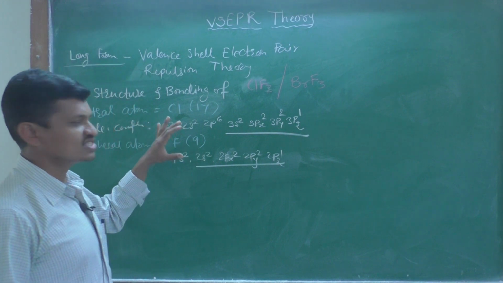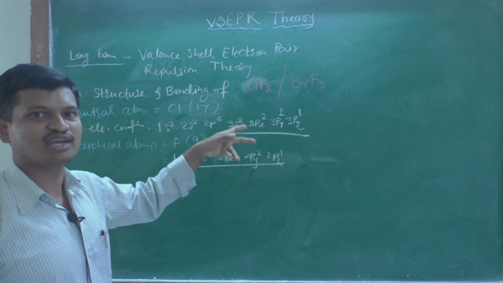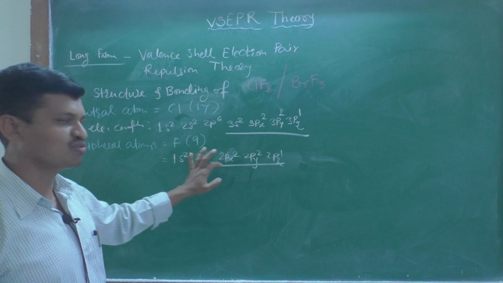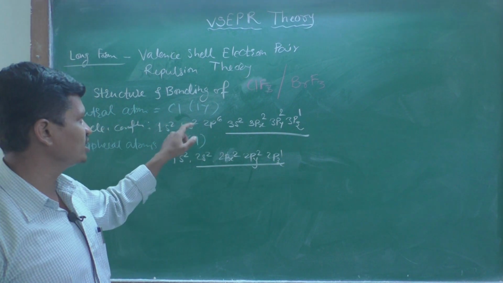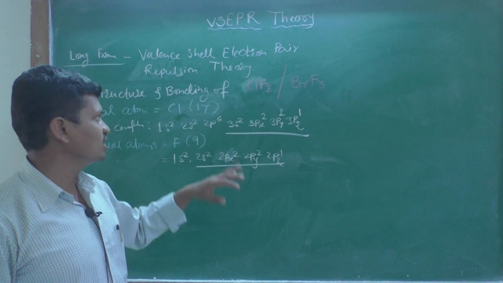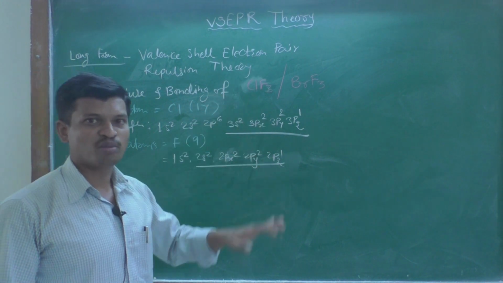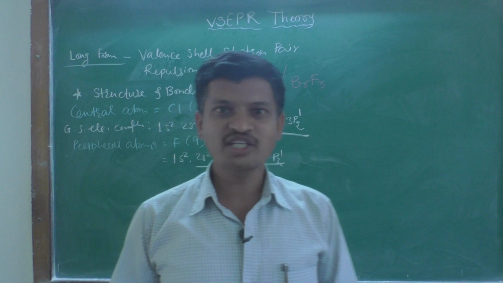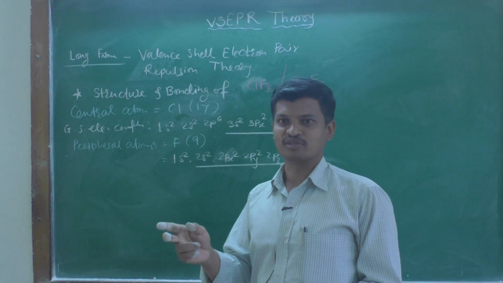Now consider the valence shell of the central atom only, don't consider the valence shell of the fluorine. So the central atom is chlorine and the valence shell of the chlorine atom is having 7 electrons. Now this ClF3 molecule is formed by the combination of 1 chlorine and 3 fluorine atoms.